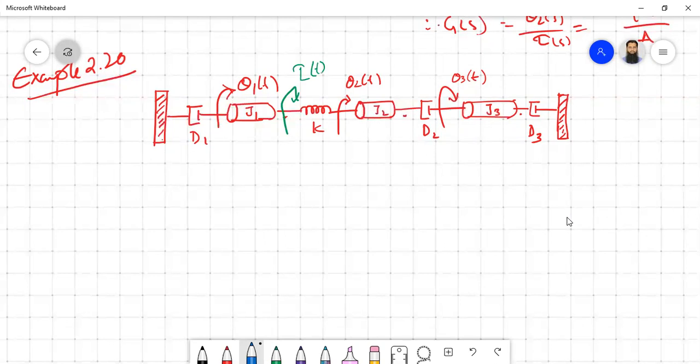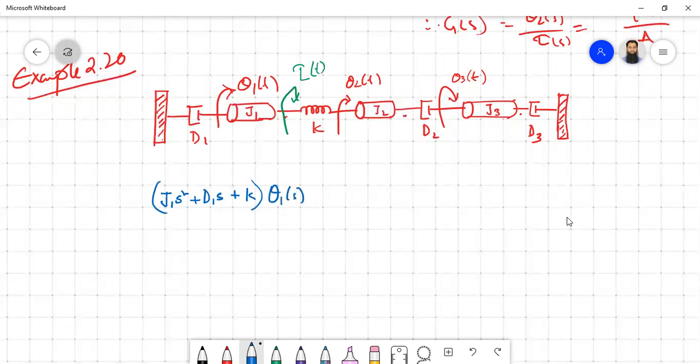For the first angular movement, what we are going to get is J1 s square plus d1 s, plus the spring is coming as well, so this is your theta 1(s).